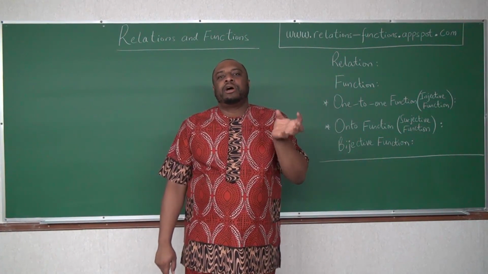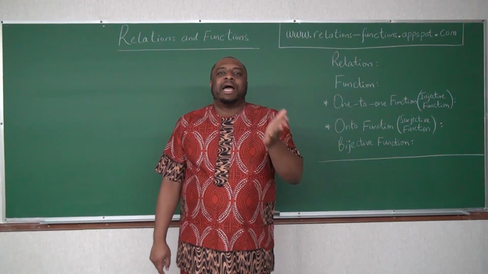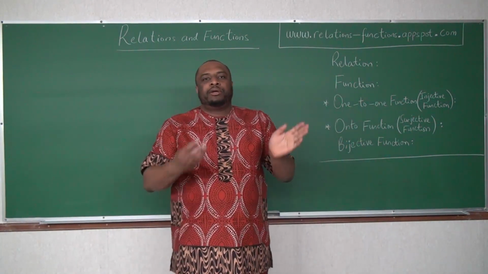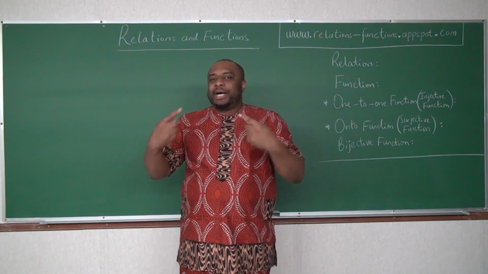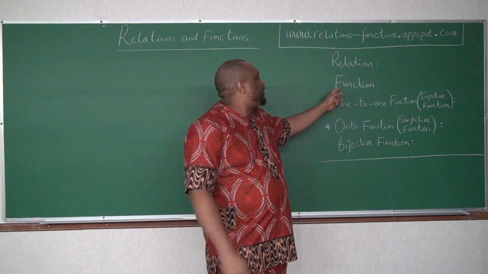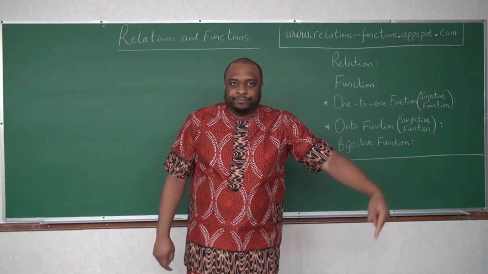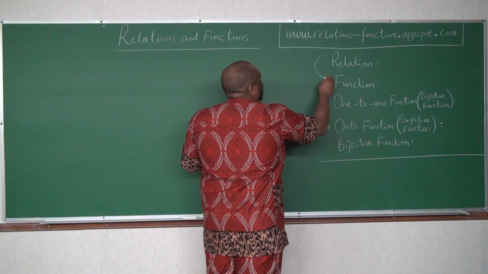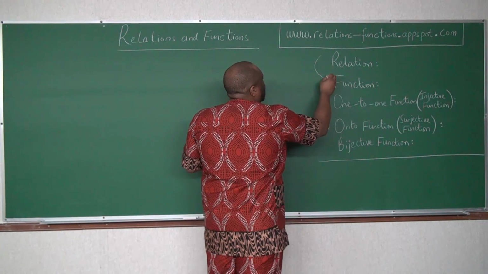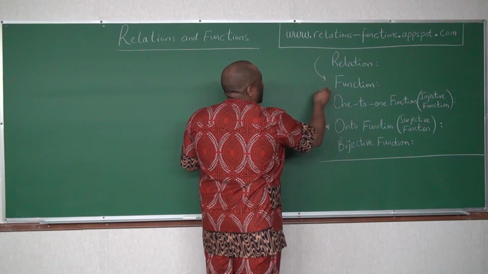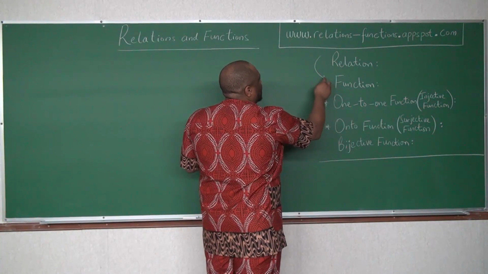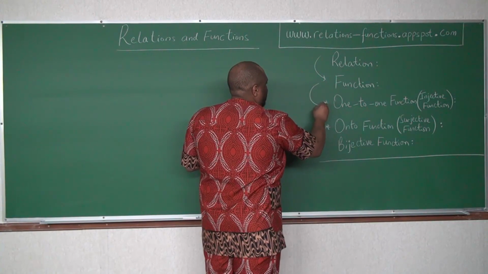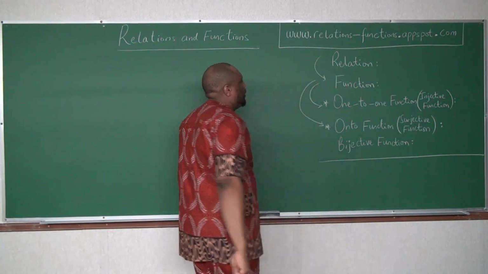However, not all functions are onto functions. So with the 1-to-1 function and the onto function, they must be functions first, and functions must be relations first. If you want, I can draw an arrow to show that this must be this first.